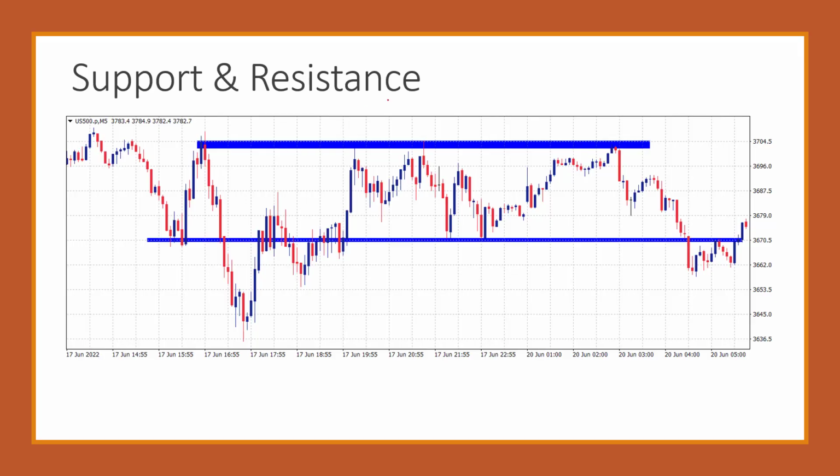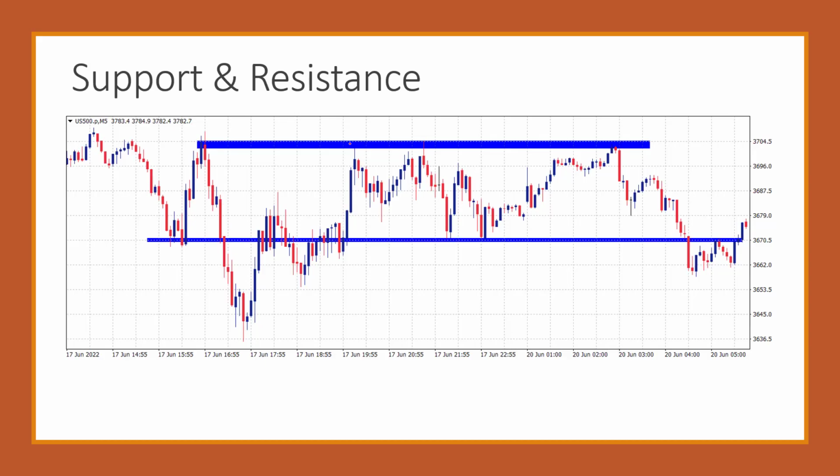And a resistance level is what you've got at the top here. As we said, it's like a ceiling. So we can see, again, we have tested it on a few occasions. So the first test that we had was right here. So we tested the price, we tried to break through, it didn't work, and we came back down.